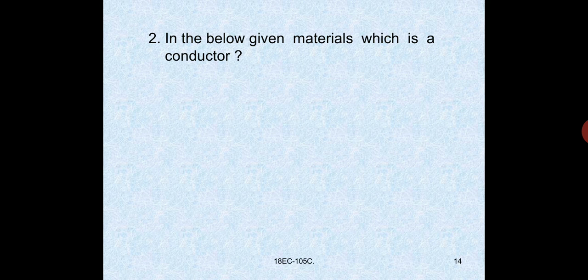Now, among the materials given below, which is a conductor? Glass, germanium, silicon, or copper. Which material? Obviously, it is copper.